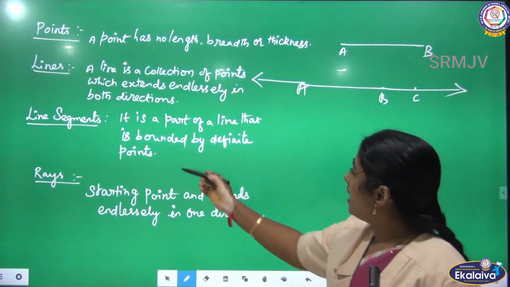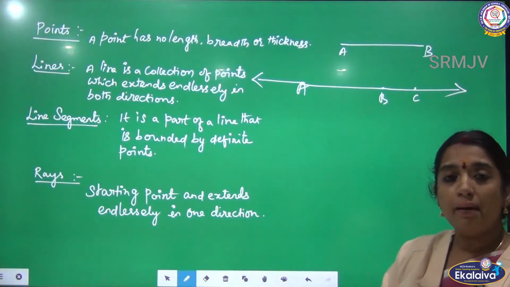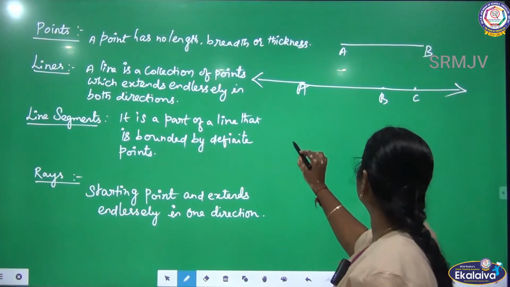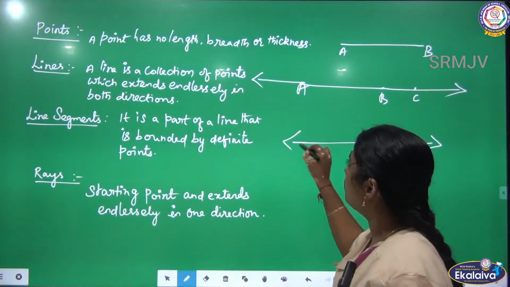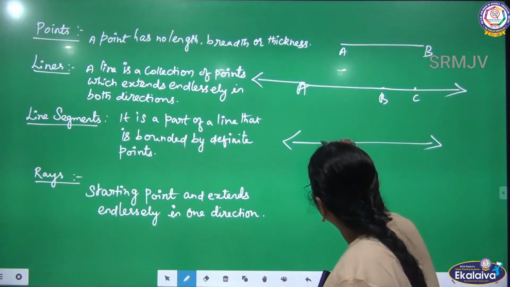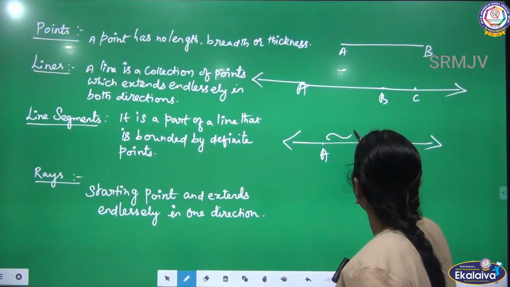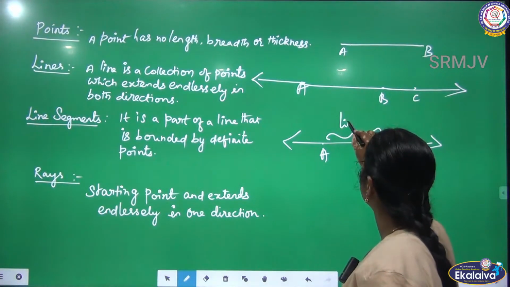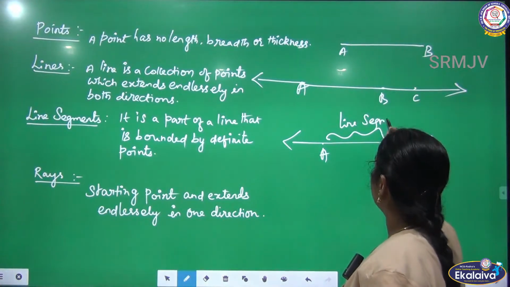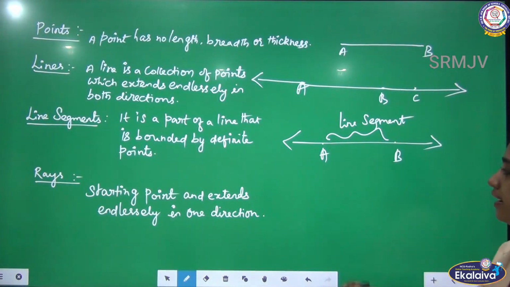Got it? And a line segment is a part of a line. I said a line segment is a part of a line. For example, this is our line, which on both sides I can extend. For example, listen, A and this is B. So this part is nothing but a line segment. Can you clear this, children? Now ray.